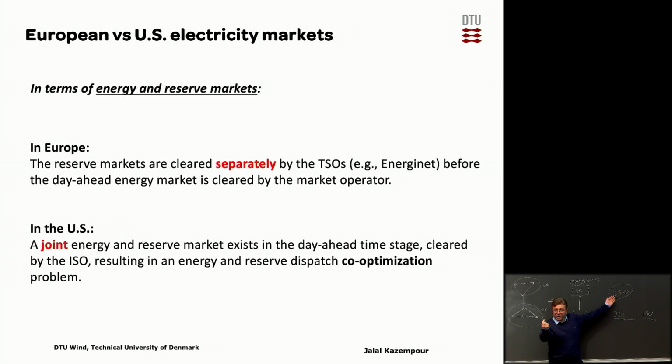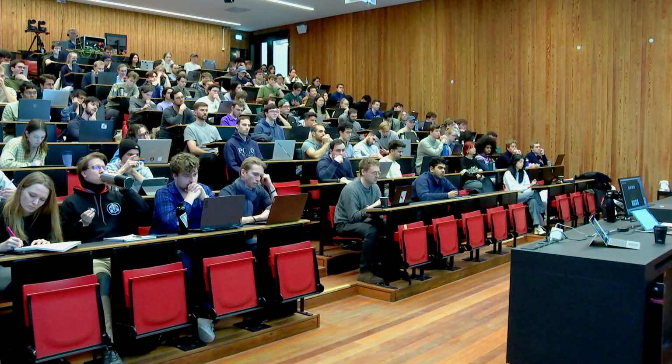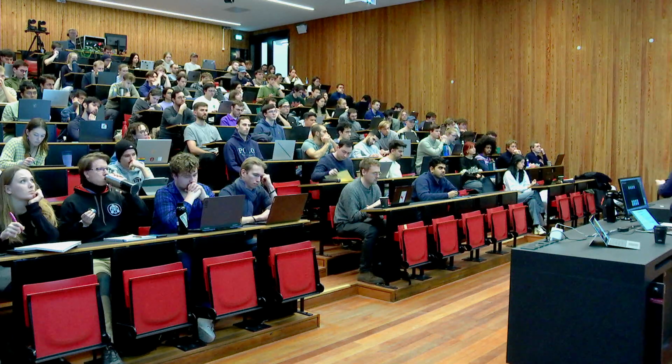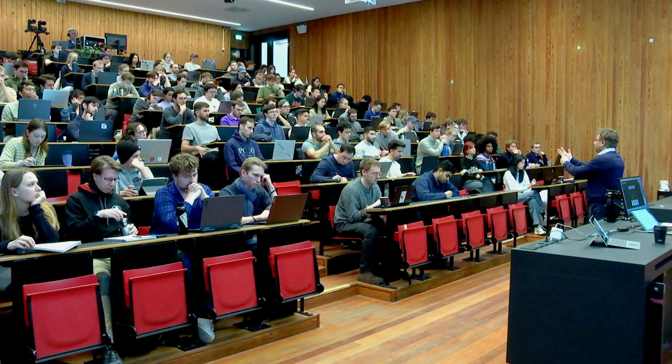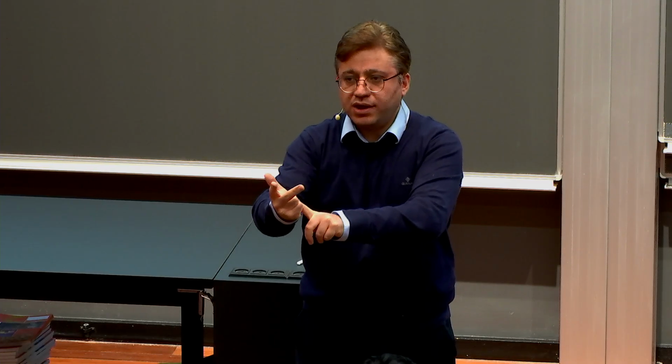So if there's one entity doing everything, in terms of resource allocation, does it make sense to allocate resources separately or in one market? What's your intuition? For example, your conventional generators are going to provide you reserve and energy.